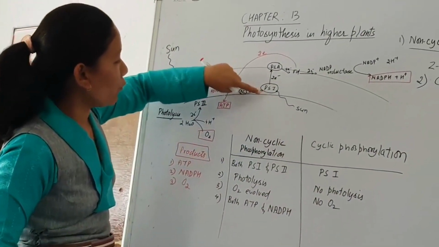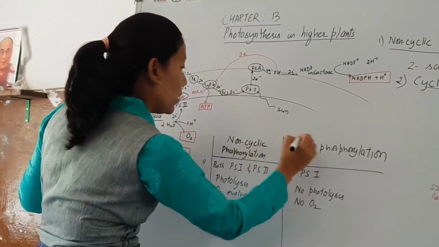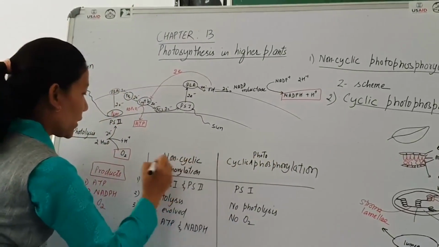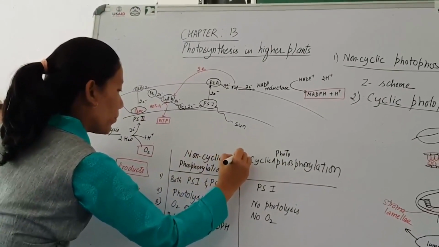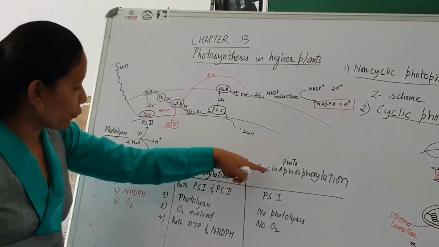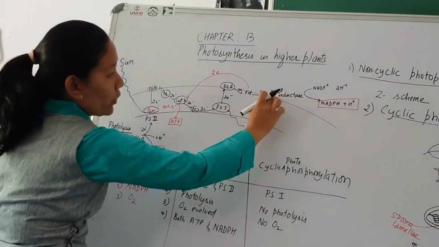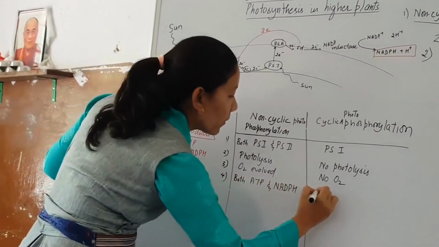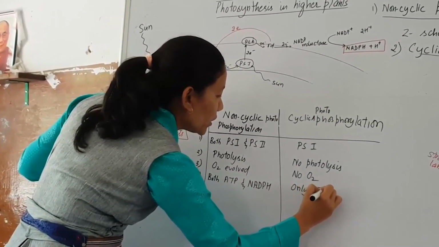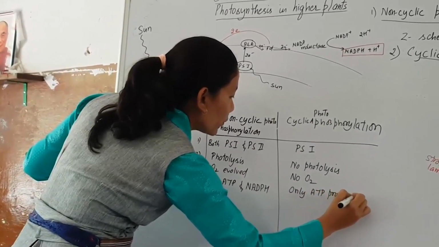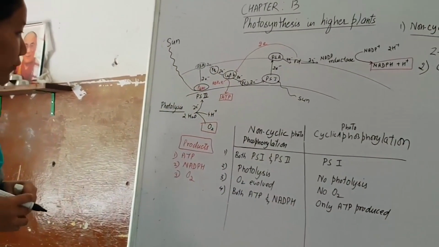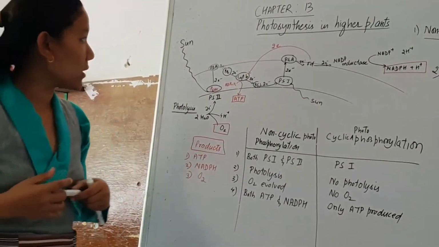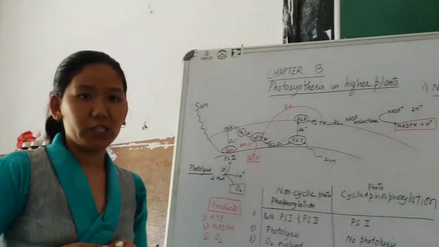During cyclic photophosphorylation, we don't have NADP reductase, so there is no production of NADPH, only ATP is produced. Likewise, you can find other differences. So this is the end of this light reaction.